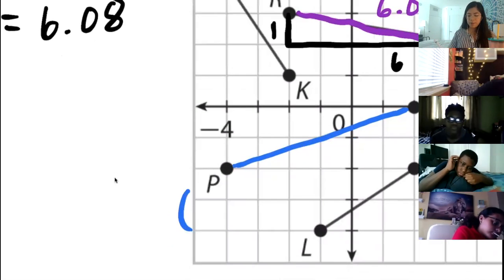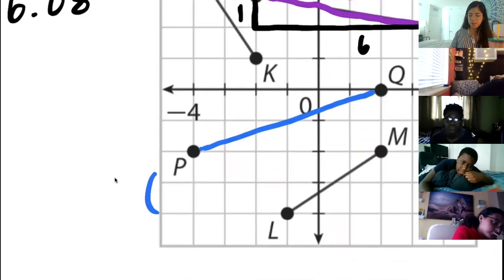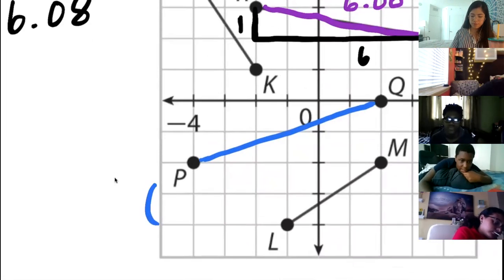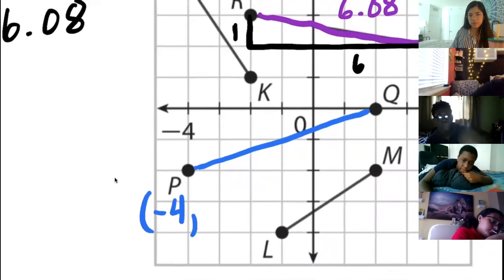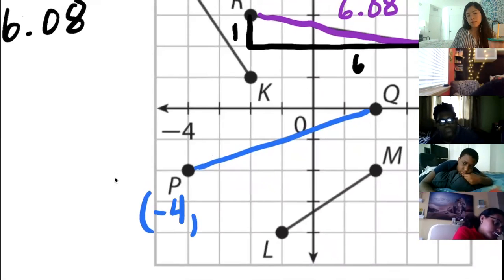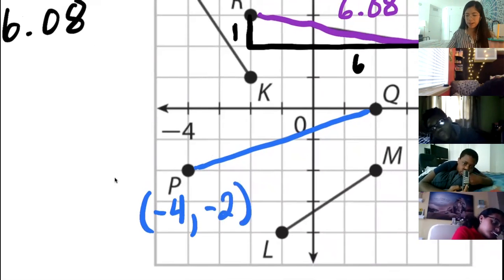I just want to know, where is P located? X comma Y. It's located at negative 4 comma negative 2. There you go.